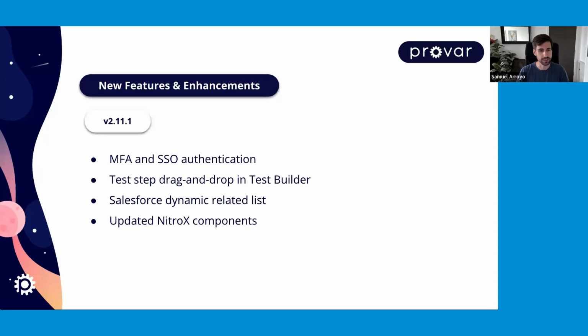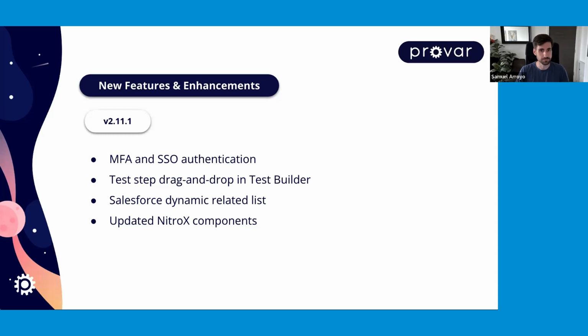I don't think all of the updated Nitrox components are part of the release, but we do have a way of distributing them otherwise. We have a marketplace where, without you having to update Provar Automation, you are able to update the components and stay up to date.